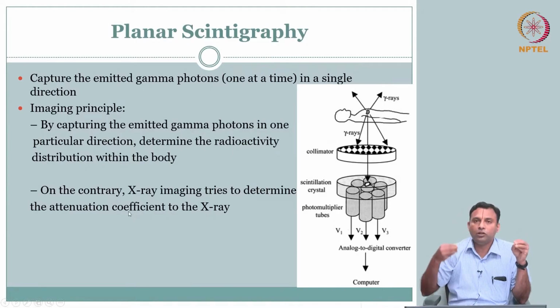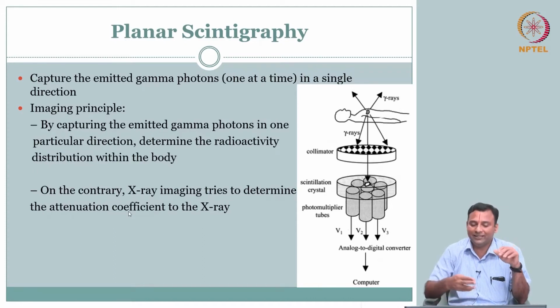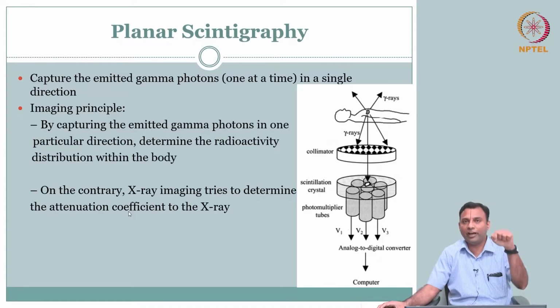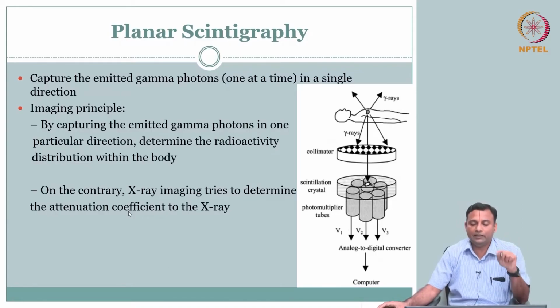We wanted to get an estimate of how the mu is distributed. Mu hat of x comma y was your reconstructed image, whereas here we are talking about how much activity comes from where, over time. That is the key.